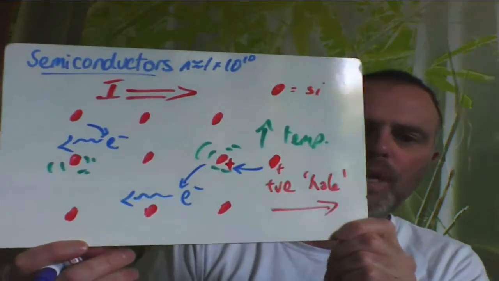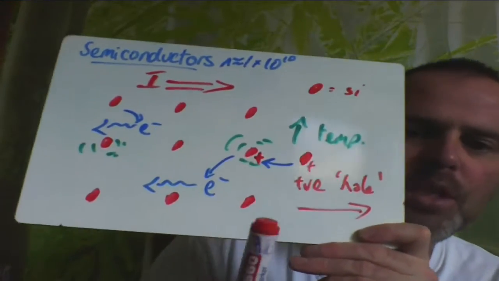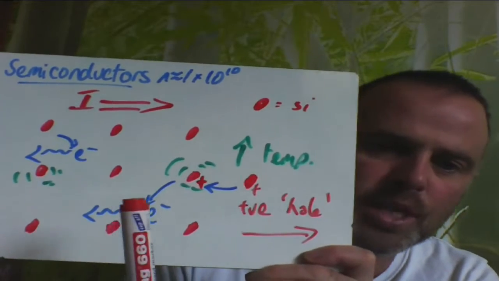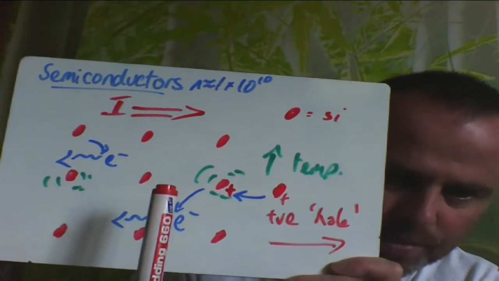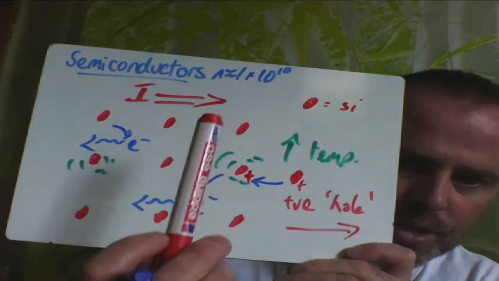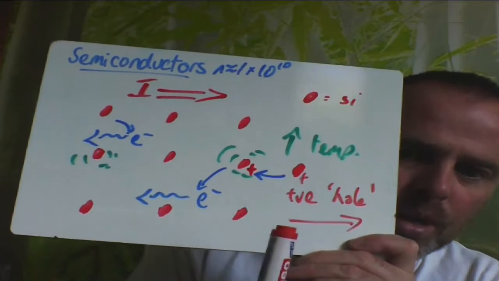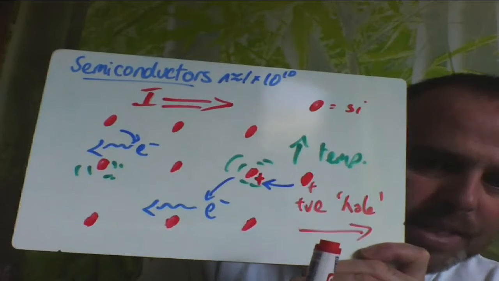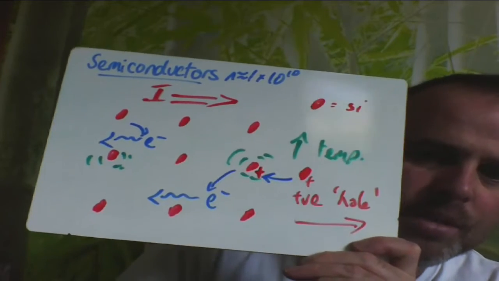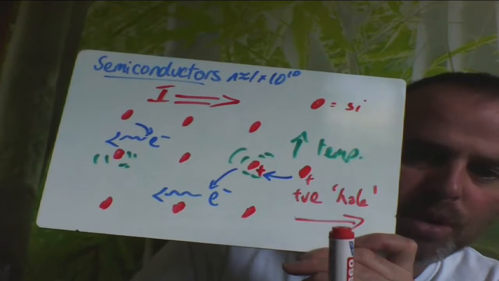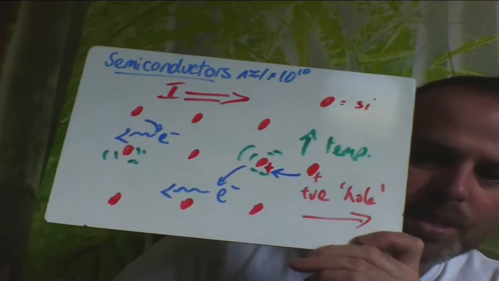So the positive hole moves that way. So in effect, as temperature increases in my silicon atom, I get free charge carriers shaken free from the atoms here. So n, my number of free charge carriers, increases, but also I get this positively charged ion, or this positive hole in the lattice, moving in the opposite direction. So not only do I get more free charge carriers, but I also get these positive holes moving in the opposite direction.